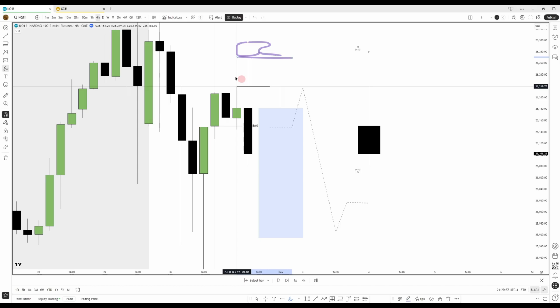Okay. So if C2 is always the highest point and C1 gets swept by C2, C3 is going to be the distribution. It's just gonna make a wick, and it's going to continue the direction, because if we divide these 3 candles in half, on the left side it's like a triangle, yeah.